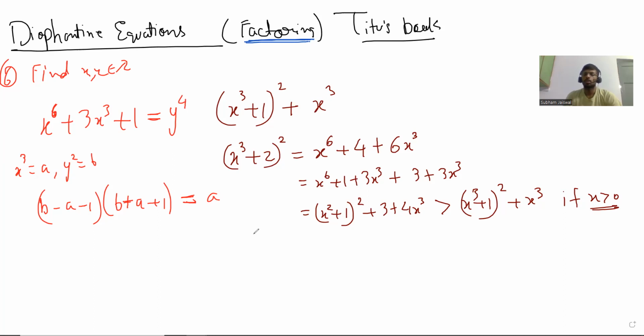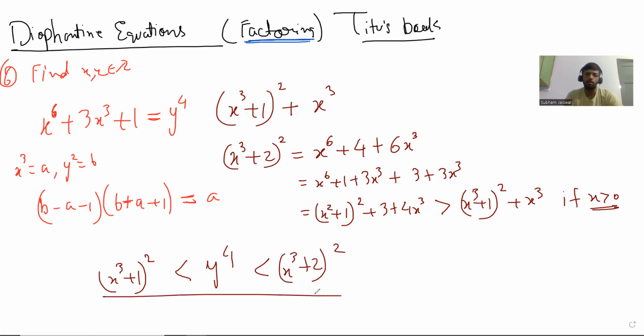So all I am saying is that this y to the power 4 is bigger than x cube plus 1 whole square, because it is this if x is positive, and it is less than x cube plus 2 whole square. So this is not possible. Then y cannot be a square. So x cannot be positive.